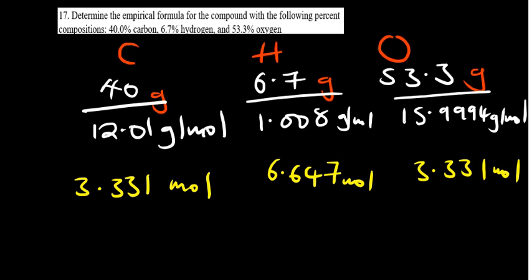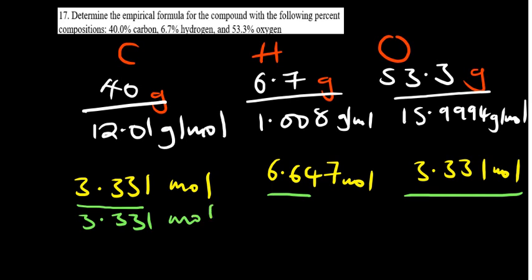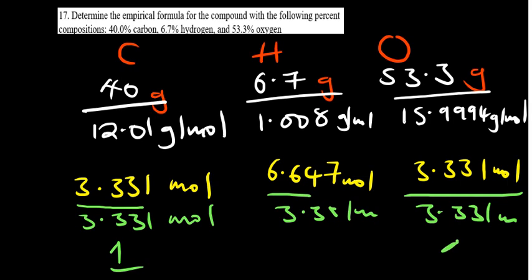So in this case, we're going to divide by the least. Which one is the least? So it's basically 3.331, right? So that we come up with a ratio. You can clearly see that there it's a 1, there it's also a 1, because we are dividing by this exact value.